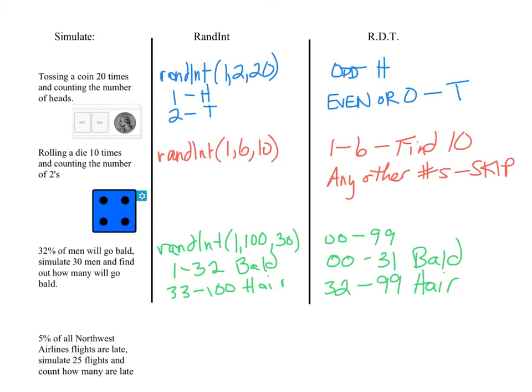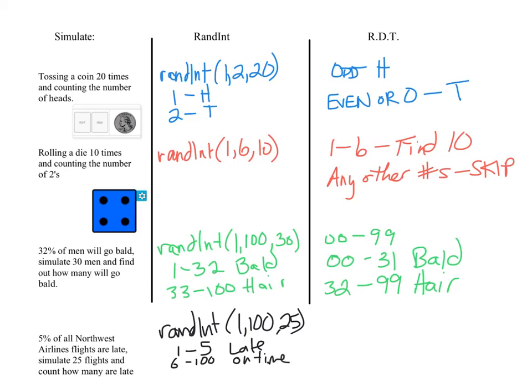Okay, 5% of all Northwest Airlines flights are late. Simulate 25 flights. So again, on the calculator, doing a percent, we just do randint 1, 100, 25 flights. And you'd say, well, 1 through 5 is late. And 6 to 100 is on time. Okay.